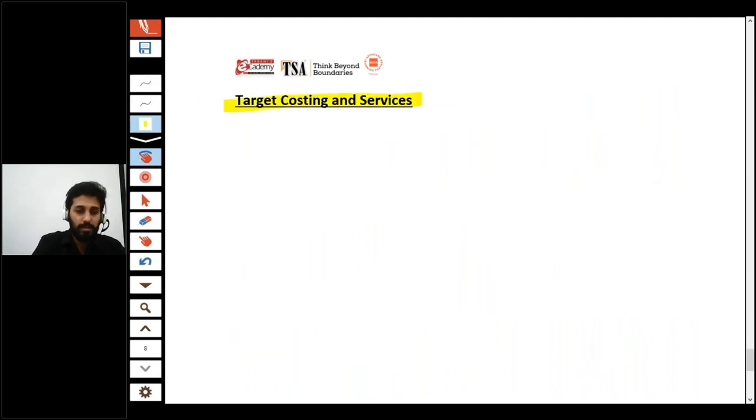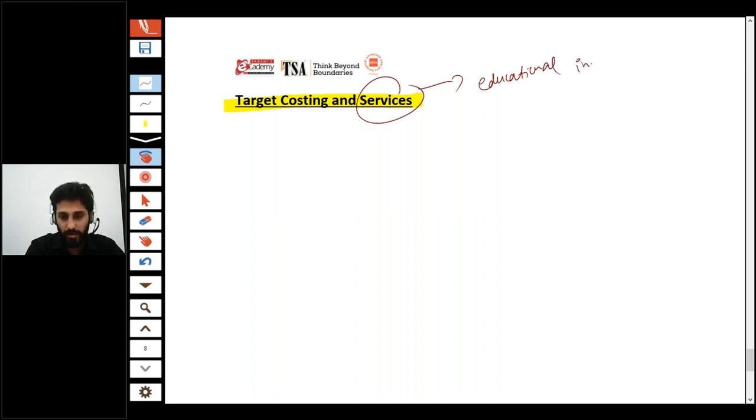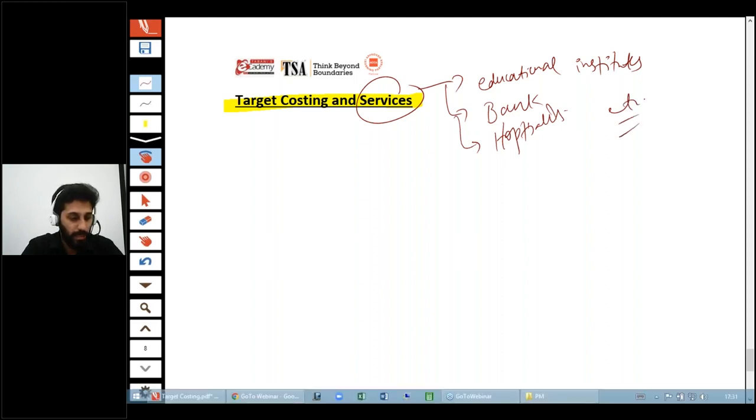Now, target costing and services. Services you all know, like your educational institutes, like your bank, like hospitals, etc. Can target costing be used in services?